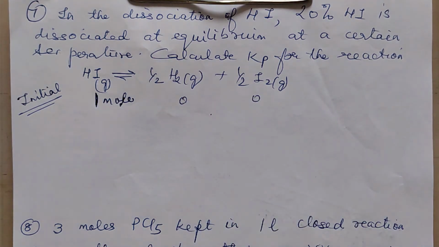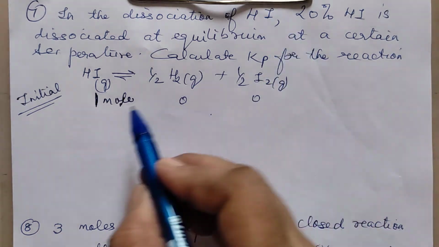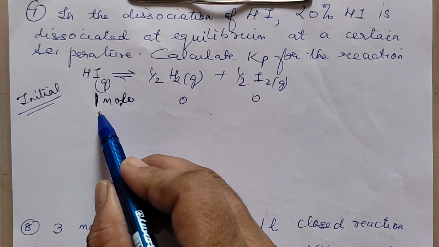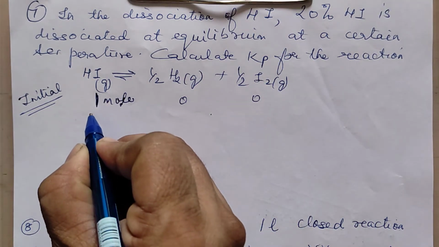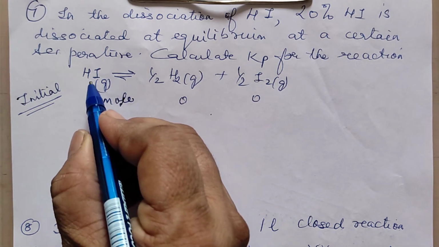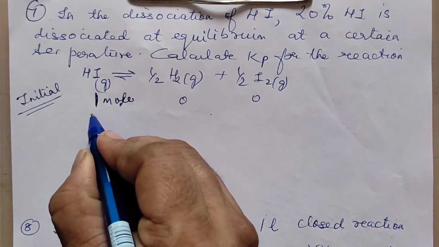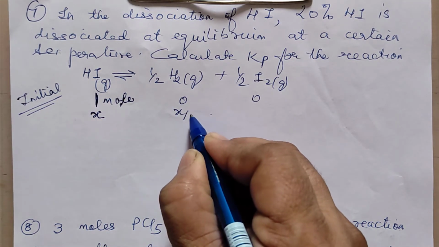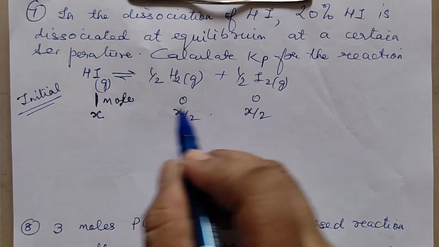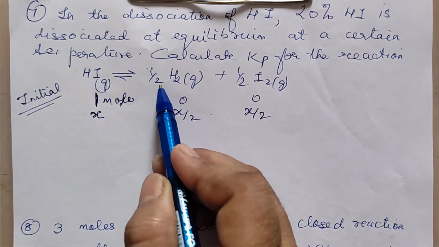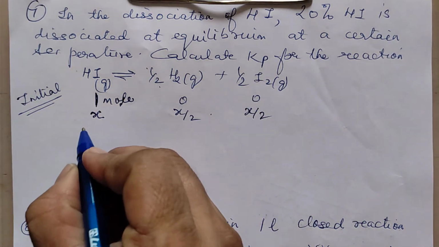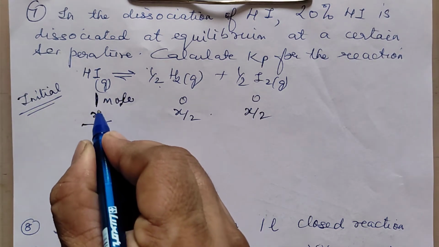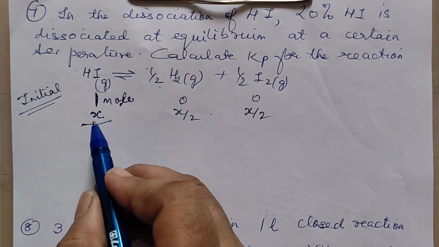When the reaction has not started, obviously the products are 0. 20% of this has reacted. Means in terms of X, I can write X has reacted. Form will be X by 2 and X by 2, because this is 1 mole, this is half a mole and half a mole.